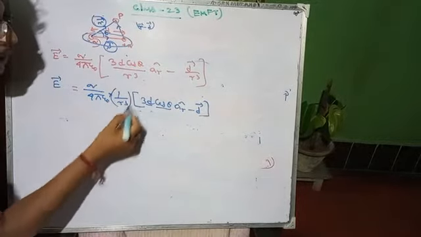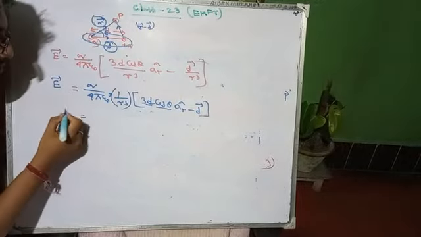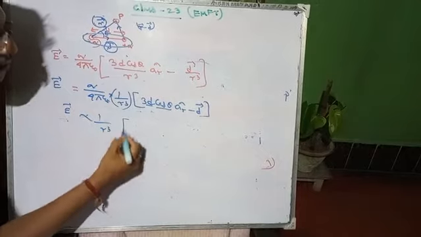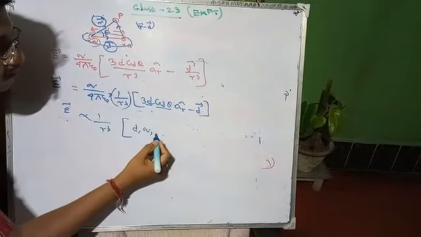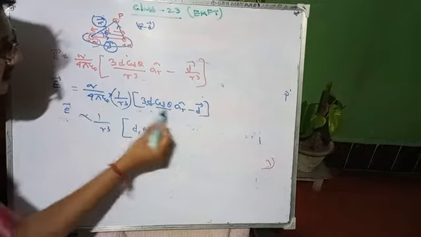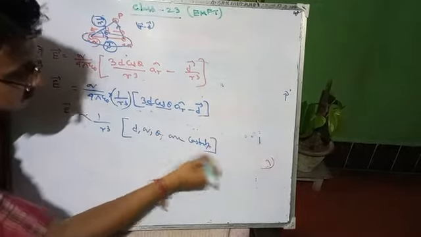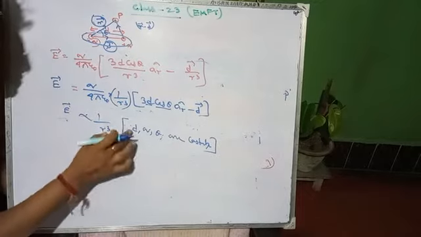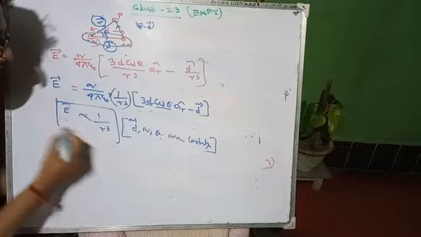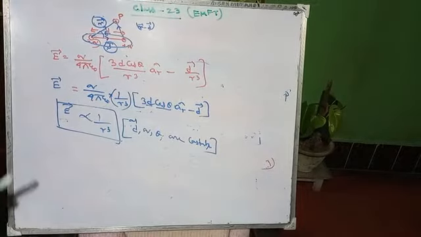Only 1 by r cube, that is r, is a variable; r may change. So if d, q and theta are constants, then E vector is directly proportional to 1 by r cube, or inversely proportional to r cube.